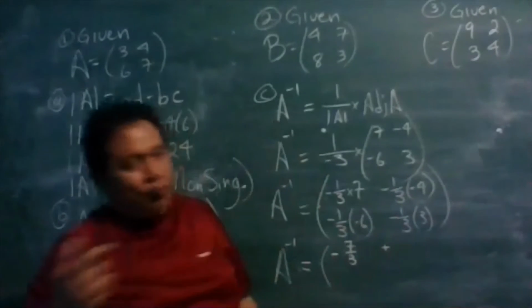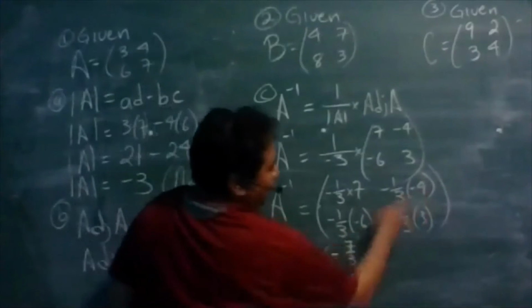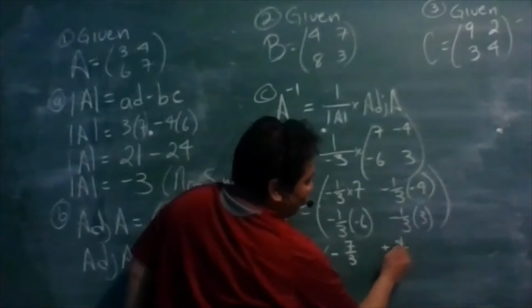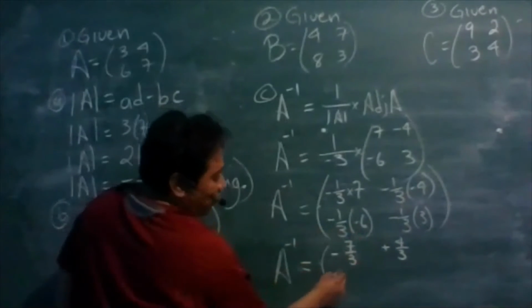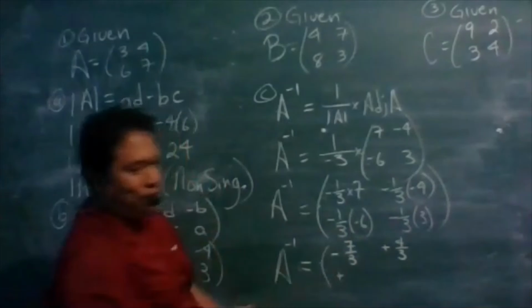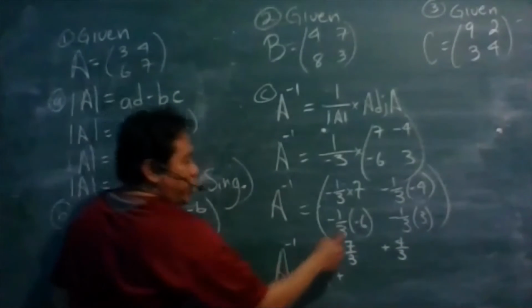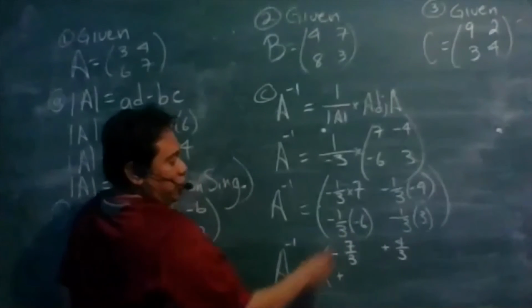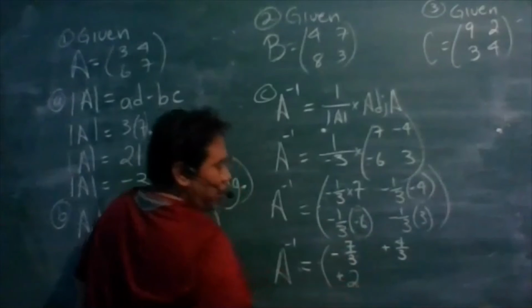I don't need to put the positive sign, I'm just emphasizing. And again, the 4 cannot be cancelled by the 3, so I'm just going to call it 4/3. Here, a negative and a negative, I know it's a positive. Again, you don't need to write it, I am just emphasizing. But this 3 and the 6 can cancel. 3 into 3 is 1 and 3 into 6 is 2. So here I'm going to have a positive 2.